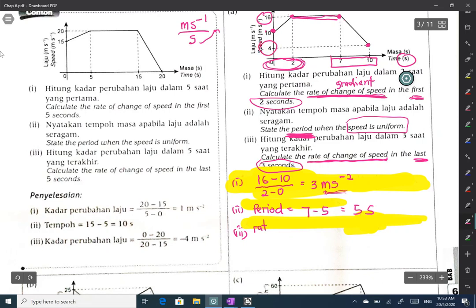So the rate of change of speed is equal to 16 minus 4, start 16, so going down, 7 minus 10. So you will get negative 4 ms negative 2.